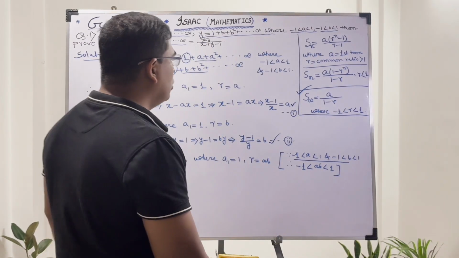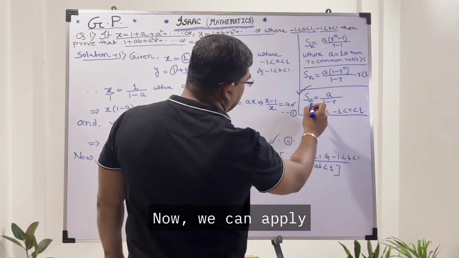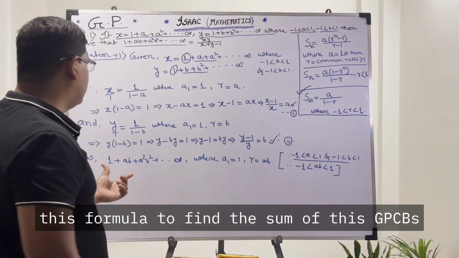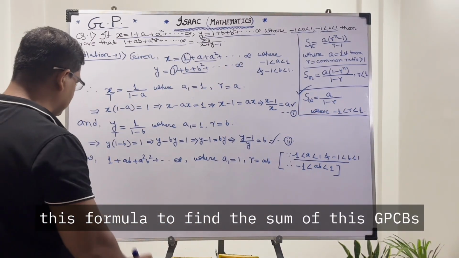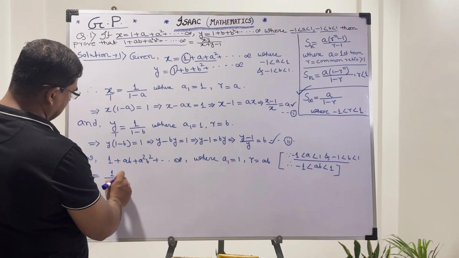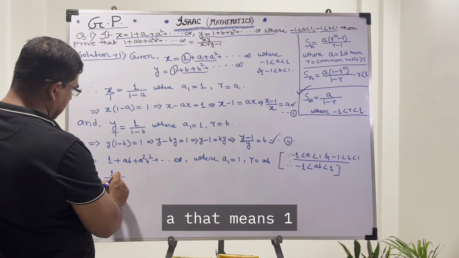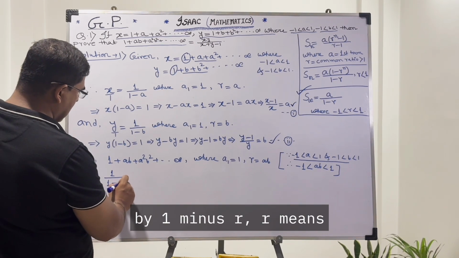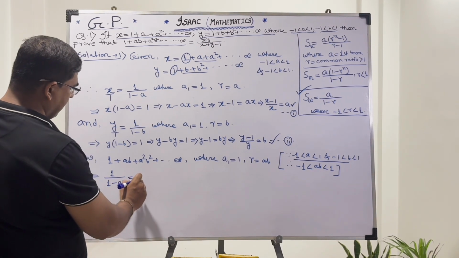Now we can apply this formula to find the sum of this GP series. So this equals first term a, that means 1 by 1 minus r, r means ab.